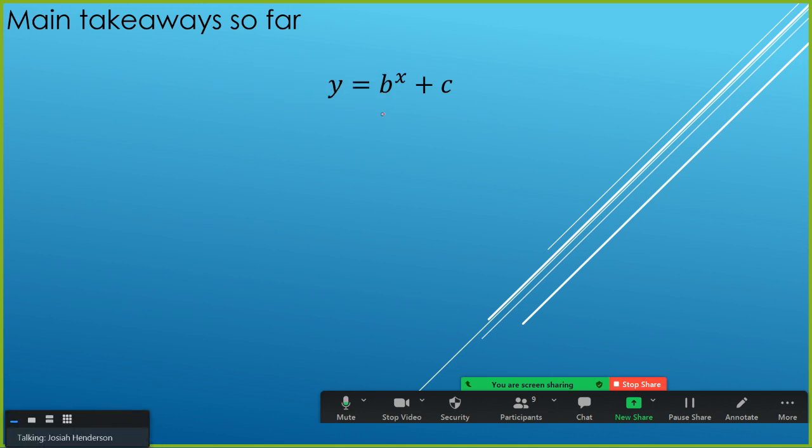It's the same as before, but also if B is between 0 and 1, like for instance, if it's a half or a fourth, or if it's 2/5 or any fraction that doesn't reach 1, 2/5, maybe 3/7, anything like that, then our graph has this shape. It's a decreasing function.